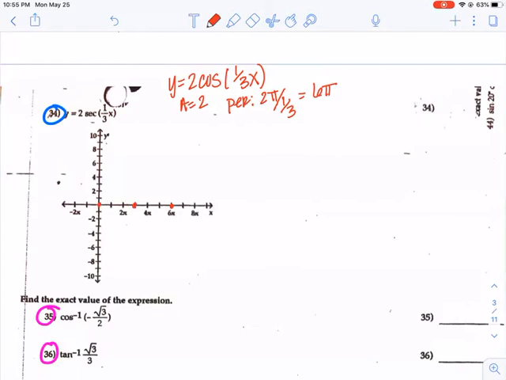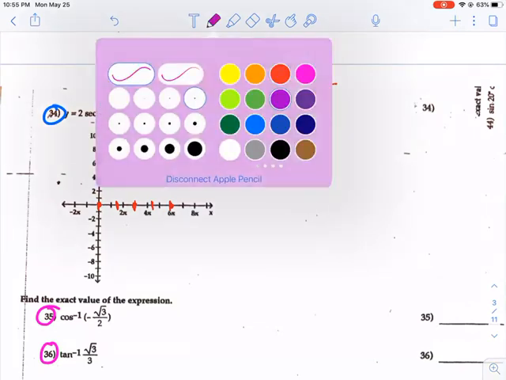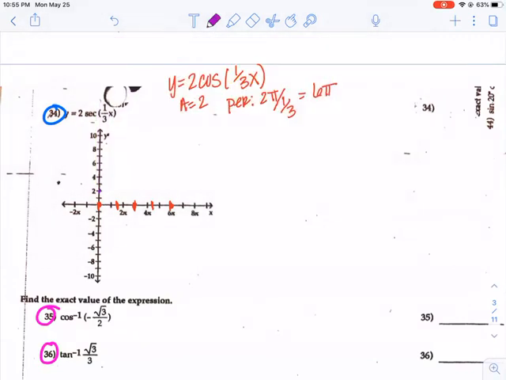Okay, so 6 pi, half of 6 is 3. So I'm going to split this up into fourths, just so it, like, it's not really in fourths, is it? Okay, cosine graph starts at the top, goes down. So in this case, I'm going to start up at 2, go down to the right, down to -2, back to the center, up to +2.